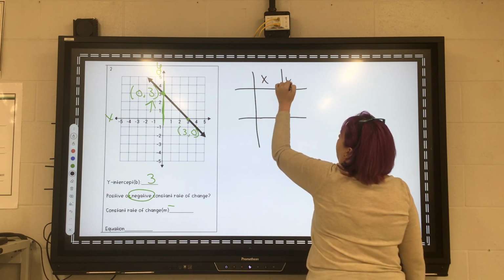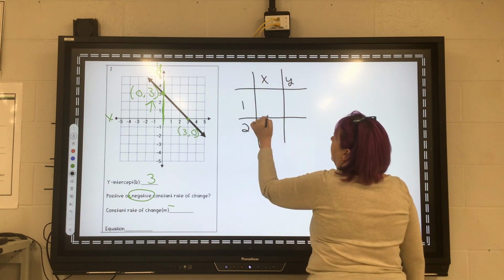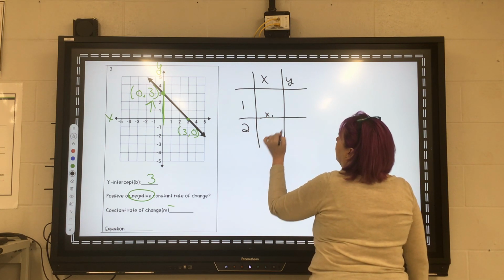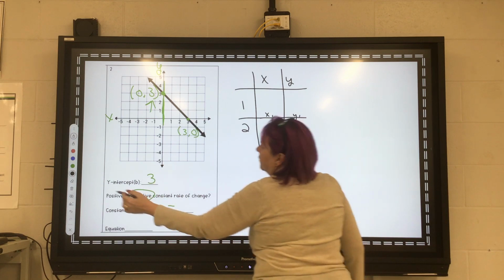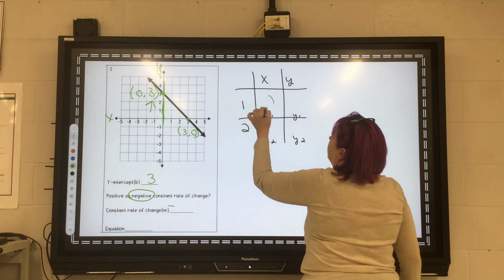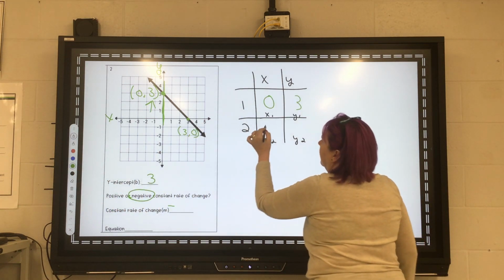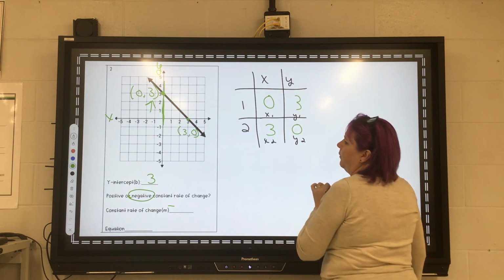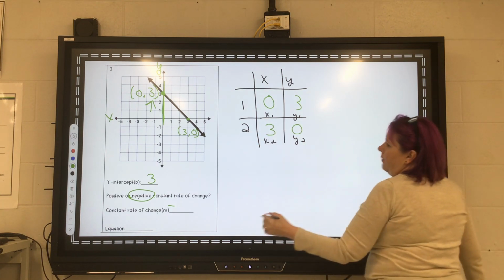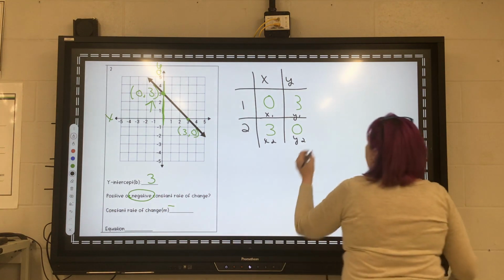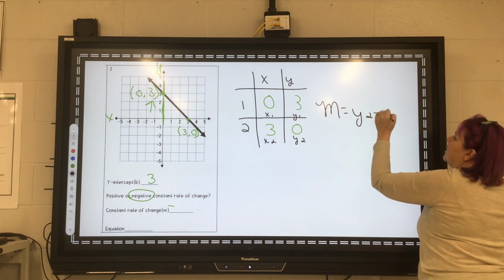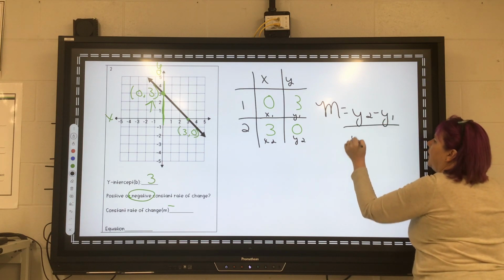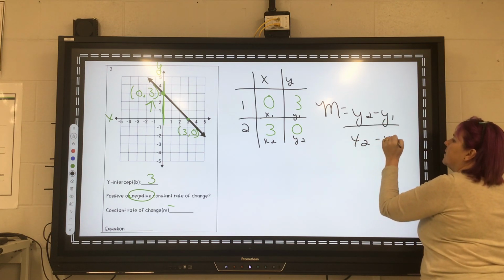So my x and my y, 1, 2, x1, x2, y1, y2. My first one is (0, 3). My second one is (3, 0). Now I'm going to do my m equals y2 minus y1 over x2 minus x1.